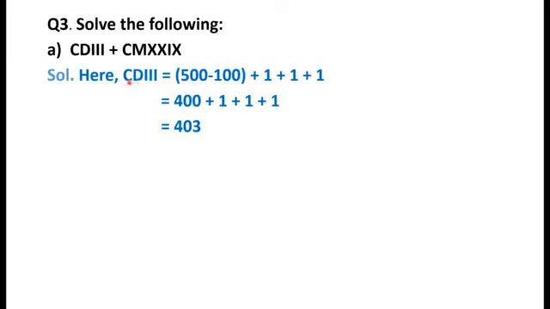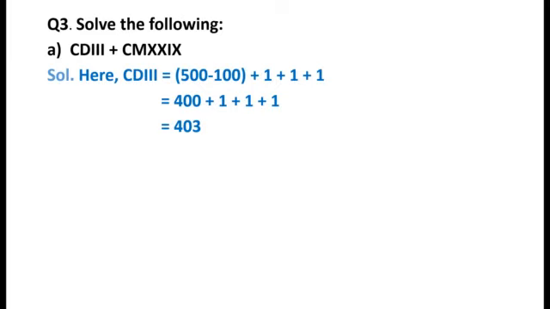So the smaller one is coming first and then comes the bigger one. That is why we are subtracting the smaller one from the bigger one. That is 500 minus 100. Then 3 times I, that means 1 plus 1 plus 1. So 500 minus 100 is 400, and 3 times I is 1 plus 1 plus 1. So when we add 400 plus 1 plus 1 plus 1, we will get 403.